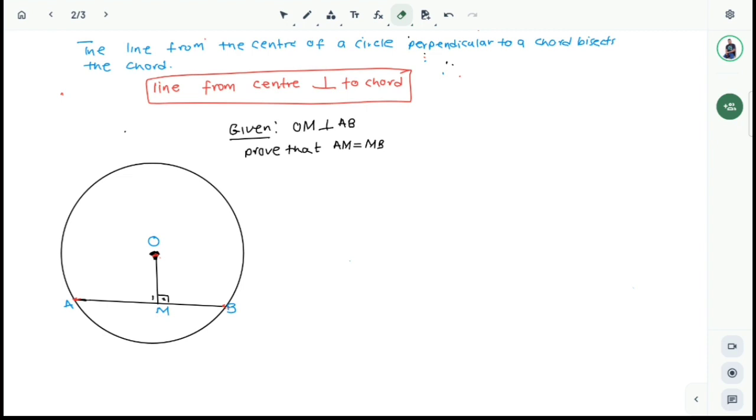So what you need to do when you apply the proof, as the first point, you need to do the construction. So the construction for this theorem, let me write it down. Construction.